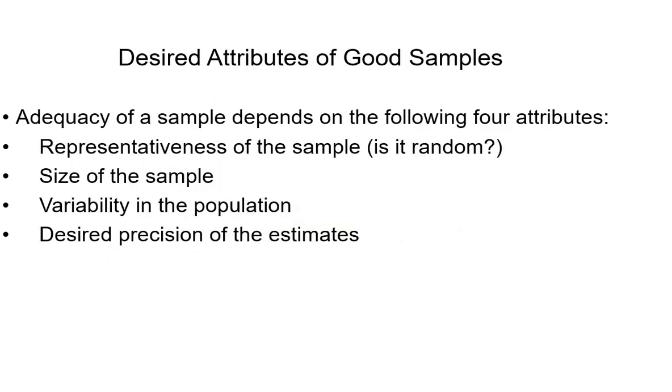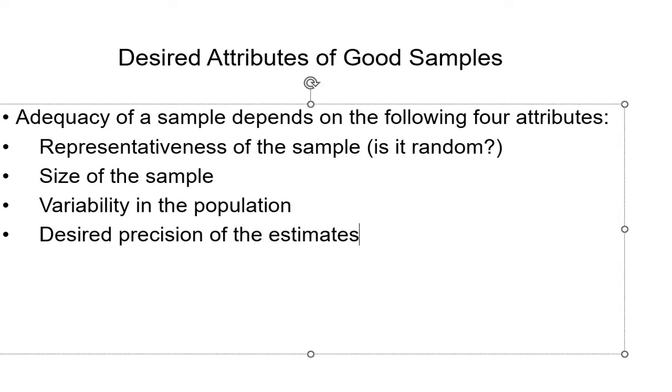Now, for you to say that your sampling is a good sample for study, there are some few things that we have to look out for, and we have to take note of them. The first one is the representativeness of the sample. When we say that your sample size is representative, it bears at least two main characteristics.